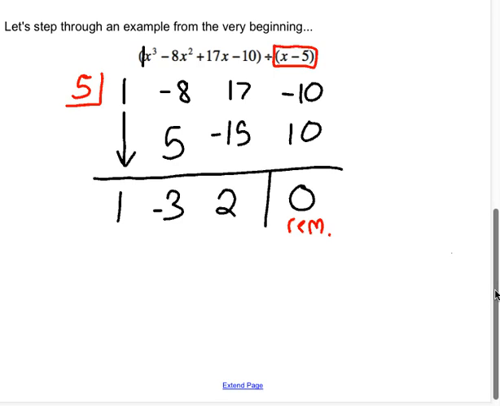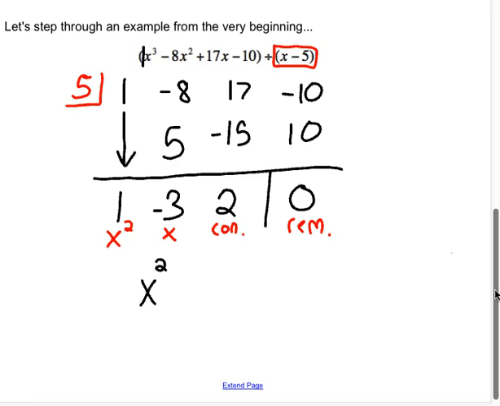But I start by labeling that because then this is going to be my constant, my x term, my x squared term, so on and so forth. Because once you synthetically divide, I don't just want that list of numbers. I want the actual polynomial you're left with.